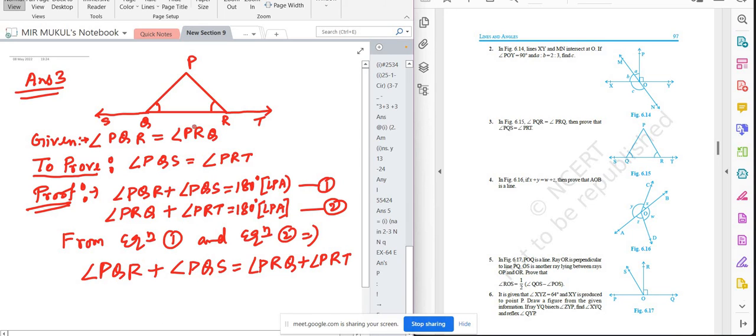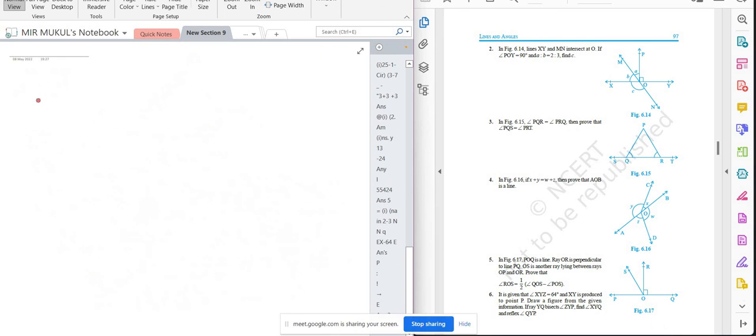Now PQR and PRQ, these two are equal, so we can cut from both sides. So angle PQS equals angle PRT. So this was question number 3.